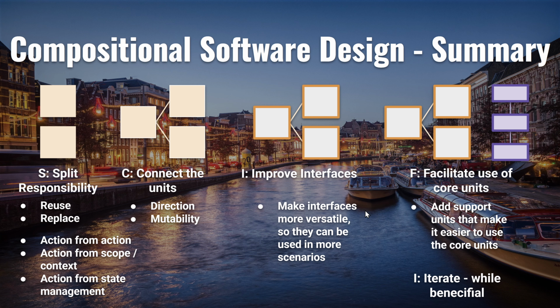When we have done that, we facilitate the use of the core units, and we typically do that by adding support units that make it easier to use the core units, such as a facade or a builder, or maybe we use a dependency injection container or something like that. And finally, we iterate through these four principles here, or these four activities, as long as it is beneficial for us to do so.